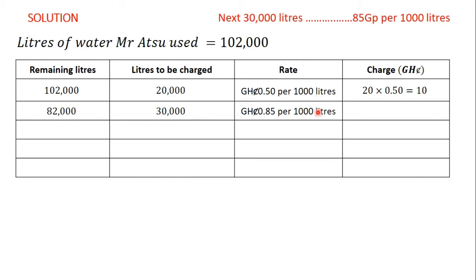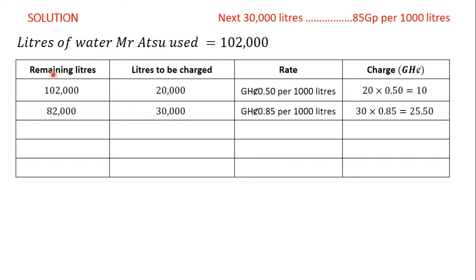So if 1,000 liters cost 0.85 Ghana cedis, then 30,000 will cost 30 times 0.85 Ghana cedis, and that is 25 Ghana cedis, 50 pesos. We move on to the next group.